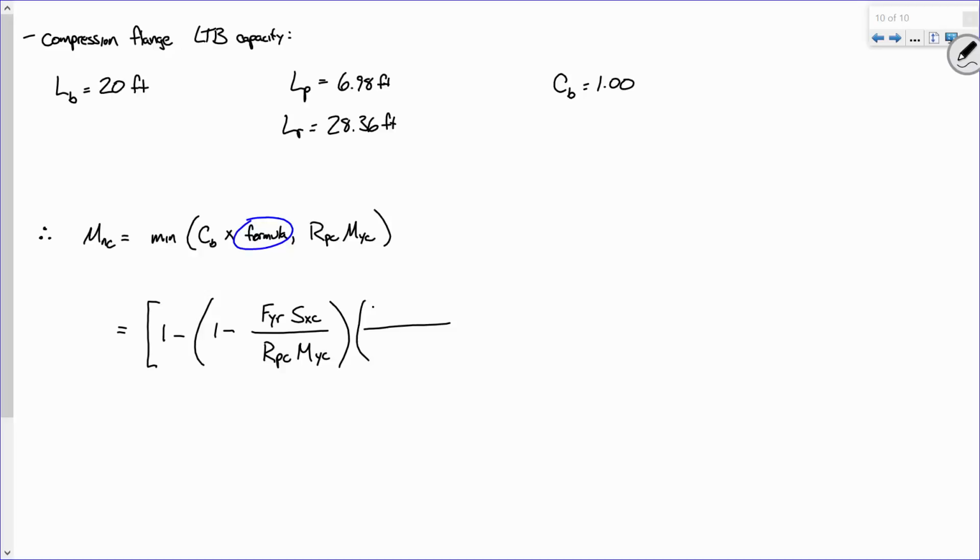So it's, oh, wrong one, getting ahead of myself. LB minus LP, LR minus LP. And usually for an economic design, you want to be in this zone 2. Zone 2 is usually where you get most of your economic designs from. Zone 3 gets a little slender and a little wobbly. Zone 1, you end up using quite a bit of steel.